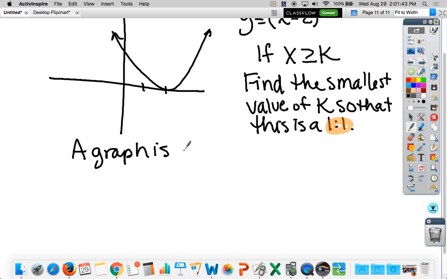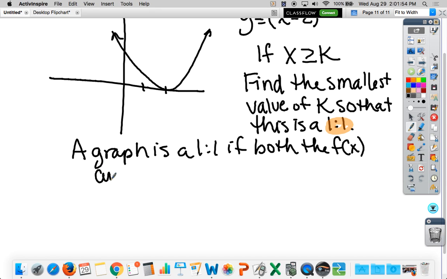A graph is a one-to-one if both the f of x and its inverse are functions.